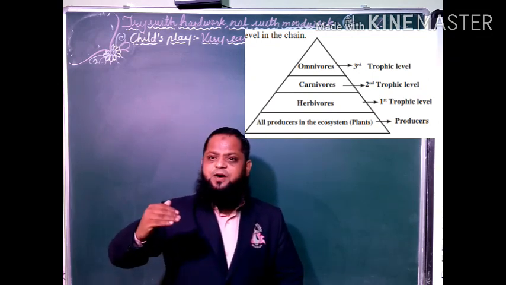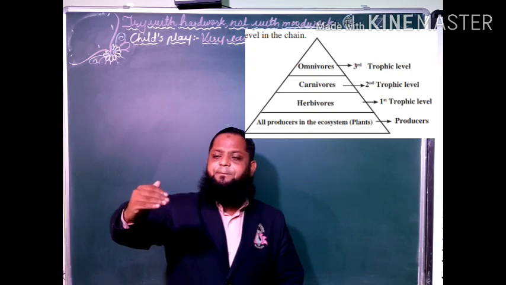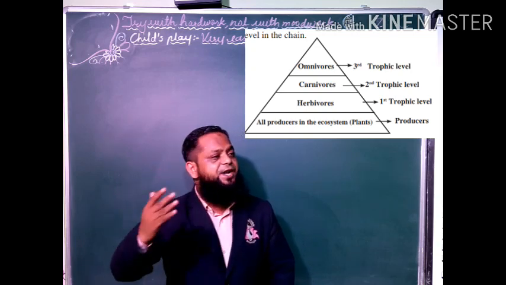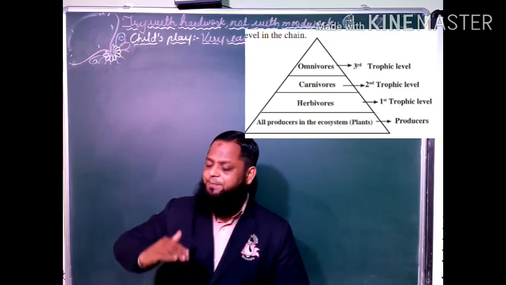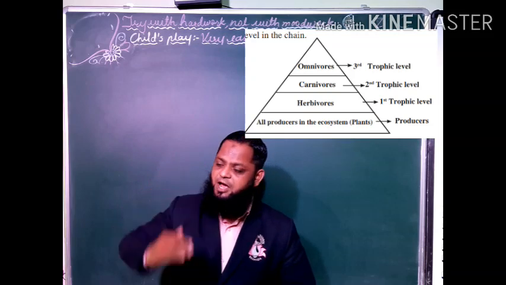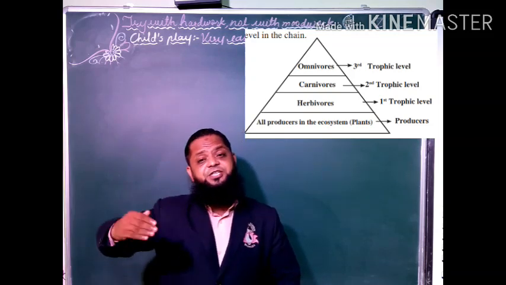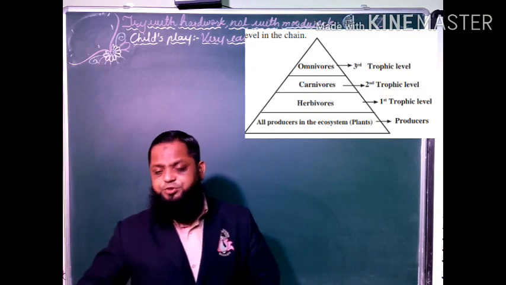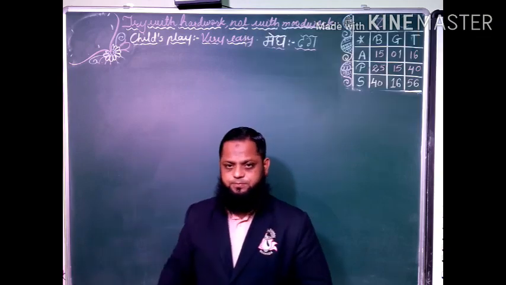The number of herbivores comparative to the producers is less. The carnivores are less comparative to the herbivores. The omnivores are less comparative to the carnivores. The energy is gradually decreasing from producers to the omnivores.